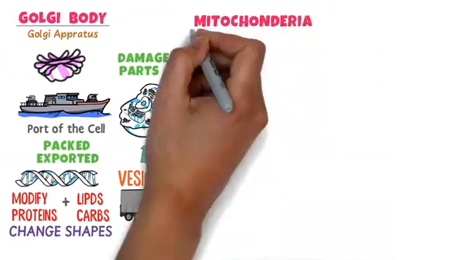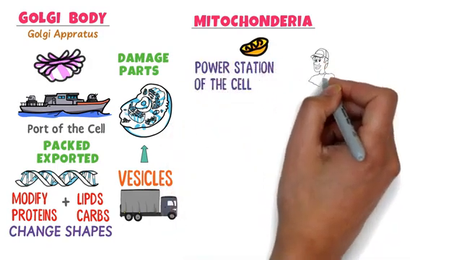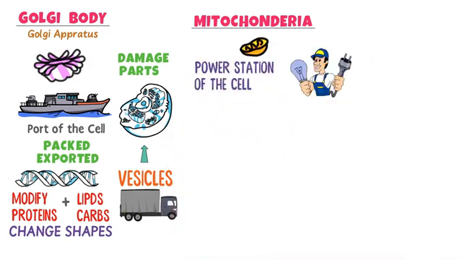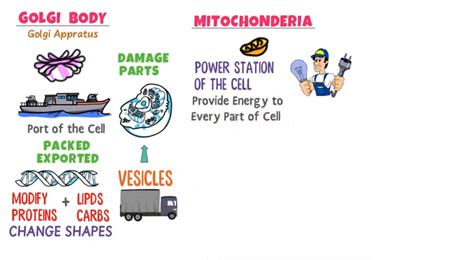Now, what is mitochondria? Well, mitochondria is the power station of the cell. For instance, in our daily life, a power station provides electricity or power to the city. Similarly, mitochondria provides energy to each and every part of the cell. Mitochondria also contains its own DNA, different from the DNA of the nucleus.